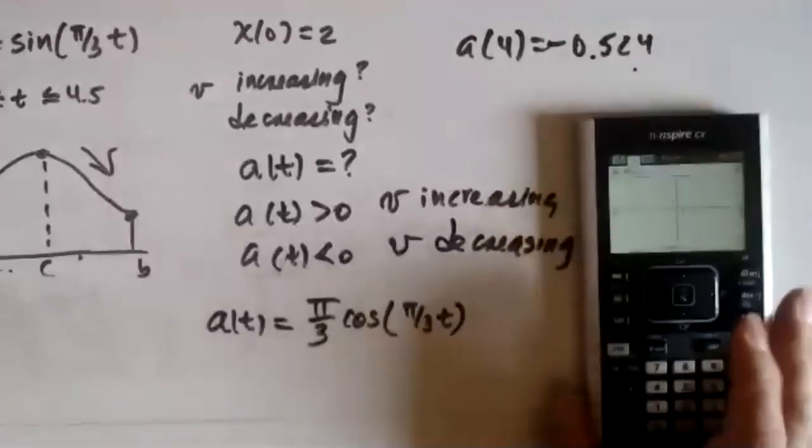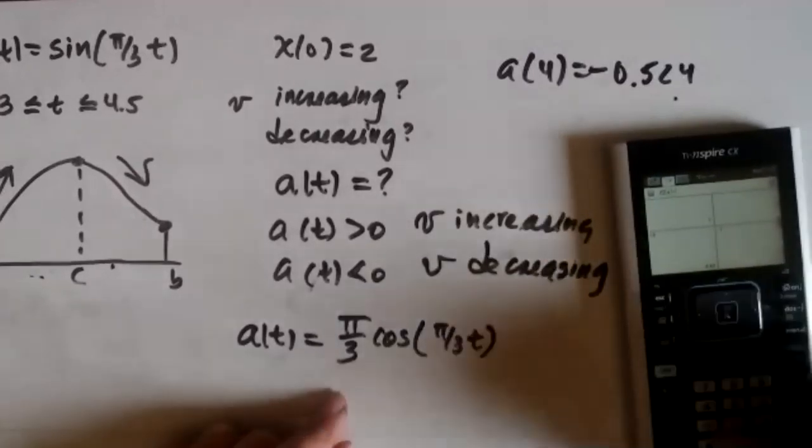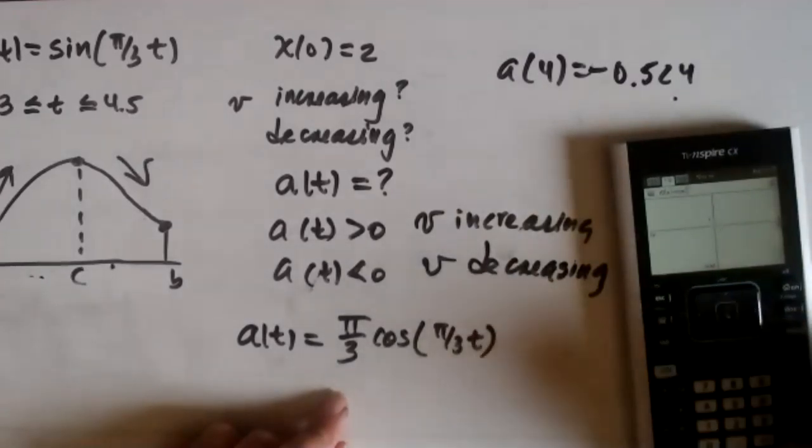Correct? So, let's see this. Let's put the function here. Let's put cosine.